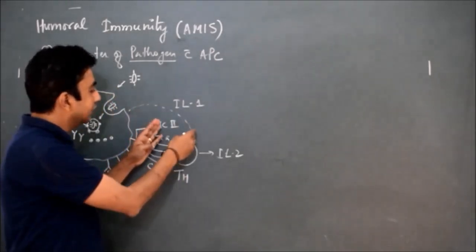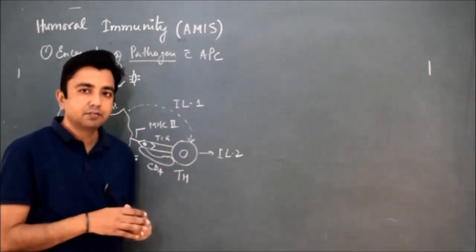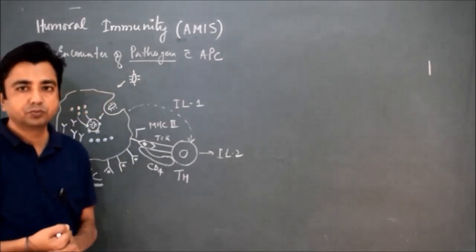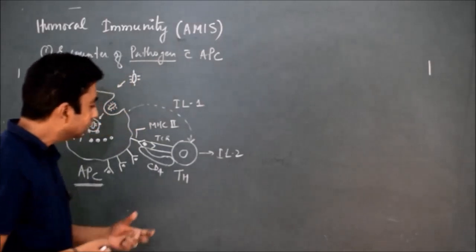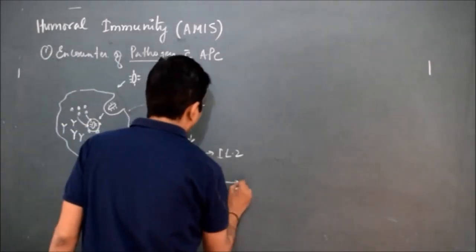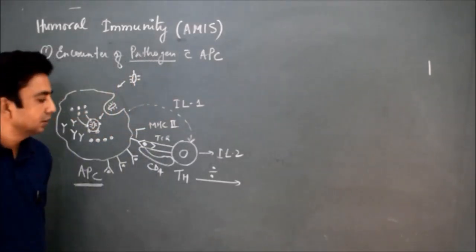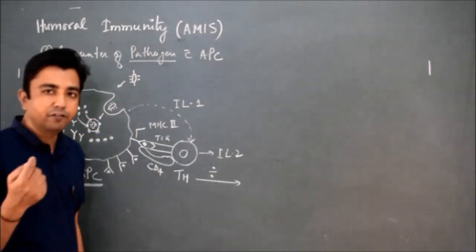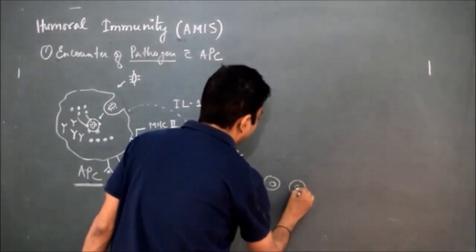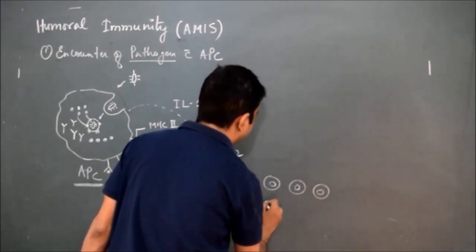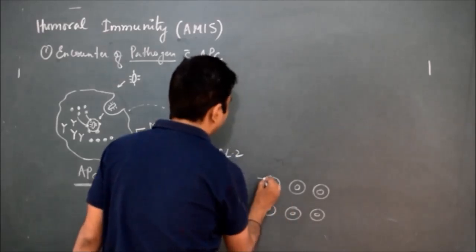Once the IL-1 sends message to the nucleus, the T helper cell also secretes IL-2. And because of the secretion of this IL-2, the TH cells will start division. The TH cell will proliferate. So many T helper cells are formed.